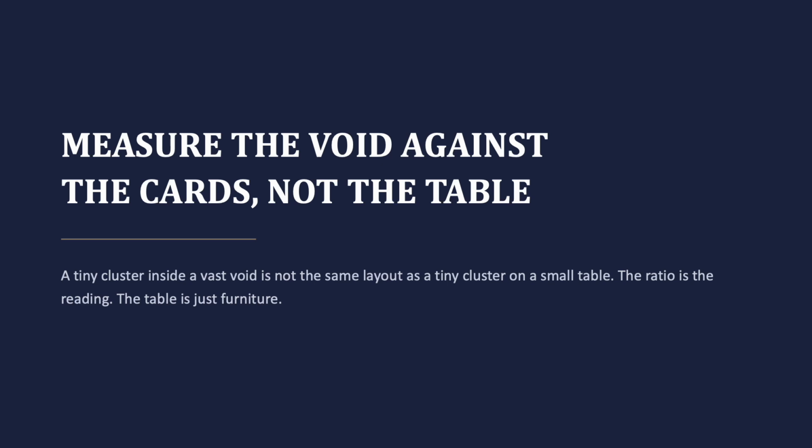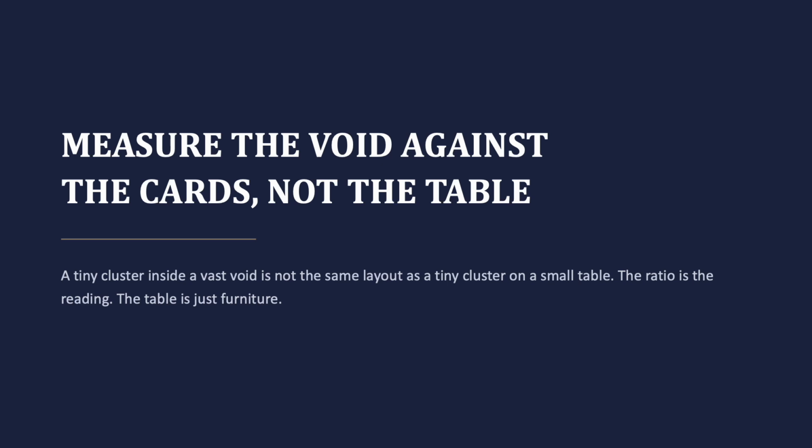The ratio does. 3 cards occupying a small footprint with emphasis on all sides, many times their size, that is a real geometry, and it would still be that same geometry on a bigger table or a smaller one. It travels. It is a fact about the arrangement rather than a fact about your dining room.